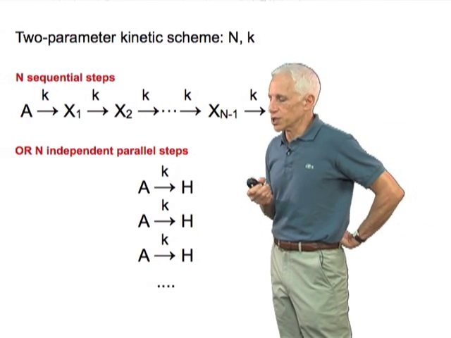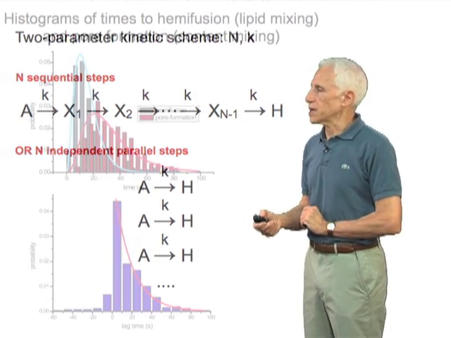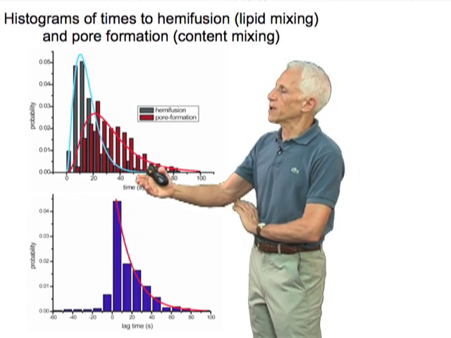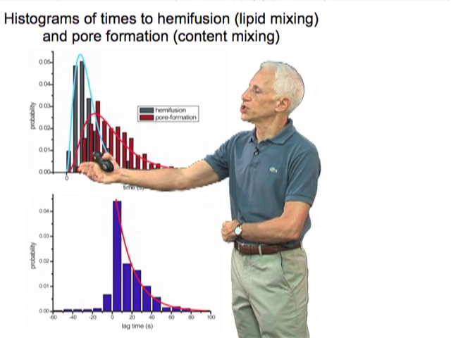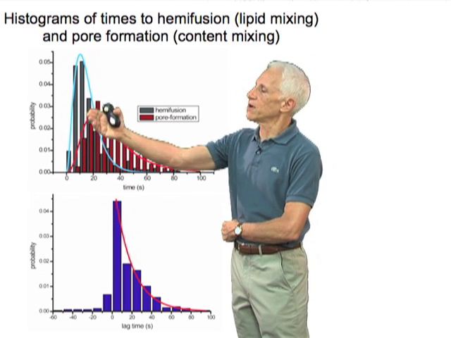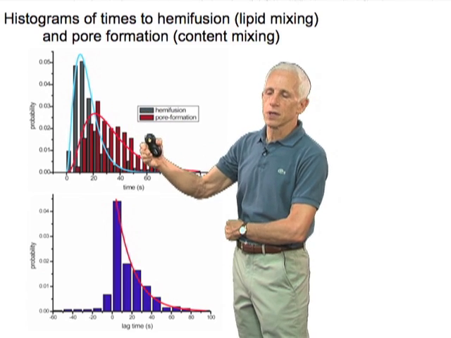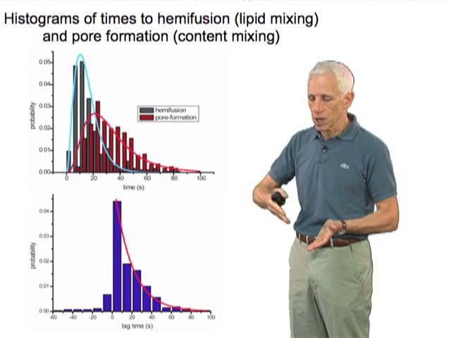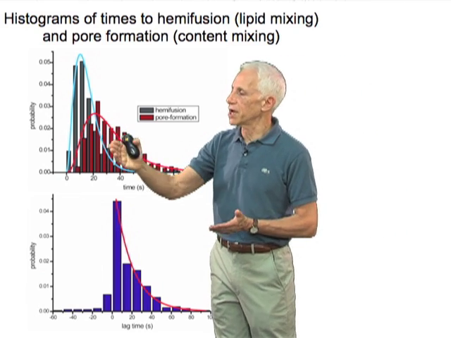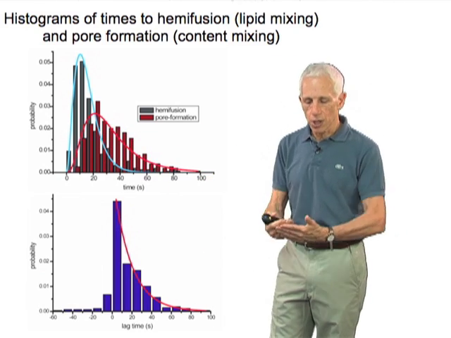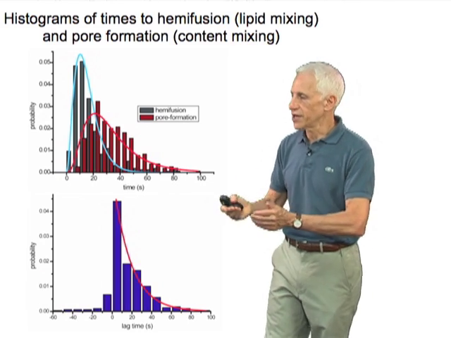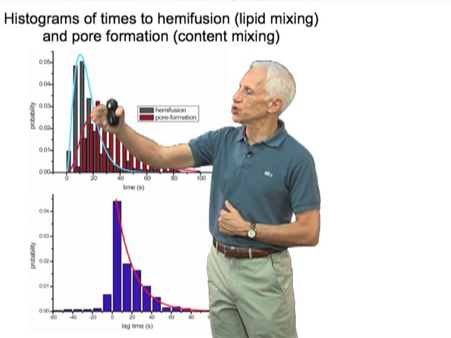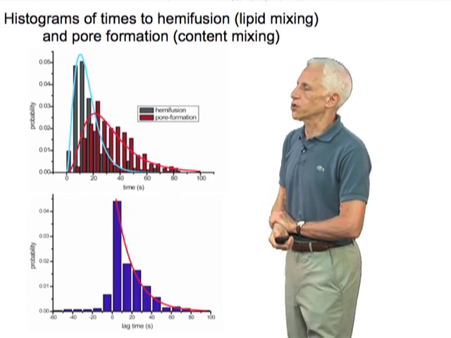Analyzing this kind of experiment, and I guess I should go back to explain that, as you see, hemifusion always involves a rise and then a fall. When you have a kinetic event that has a delay of that kind, and we're looking at the time to hemifusion, there is a certain delay that has a distribution from particle to particle that looks like this.